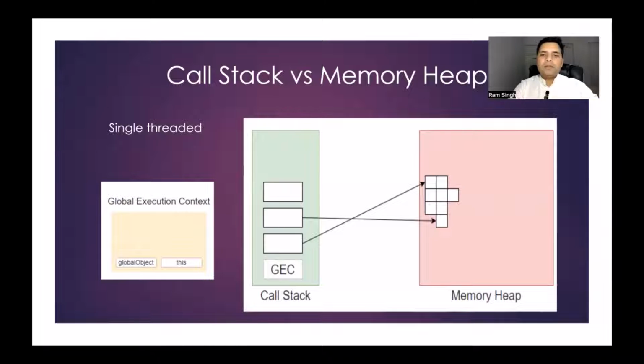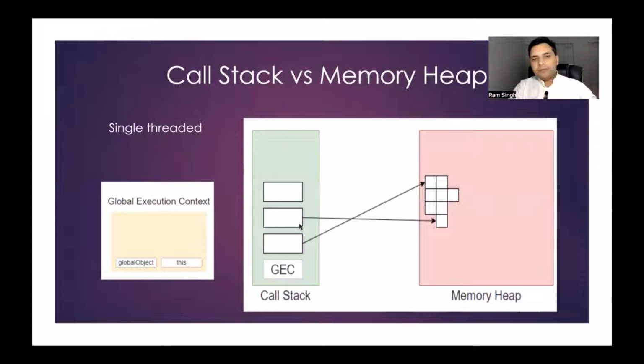Even if you do not have a single line of code in your file, when you start executing that file, this context must be available to start executing your JavaScript file. We will see how it comes into the picture.